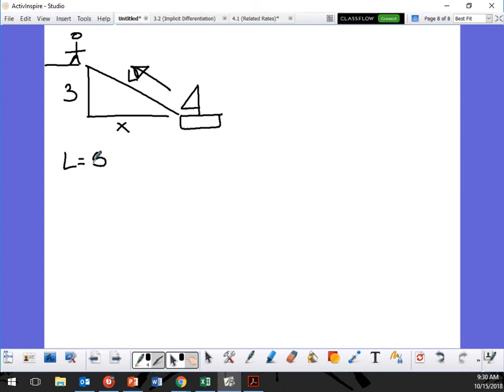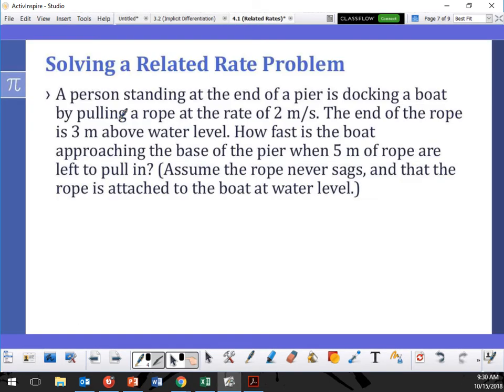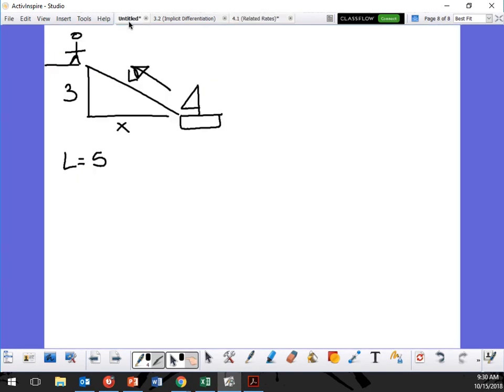When L is equal to 5, I'm trying to find the rate that it's going in here. So that's going to be my rate coming in, pulling in a rope at 2 meters per second. So dL/dt is 2 meters a second.